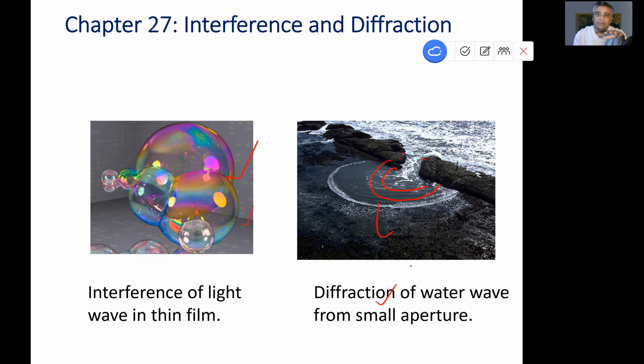To describe that, we need to talk in terms of wave, okay? And this is called physical optics. The ray description, that's called geometric optics.